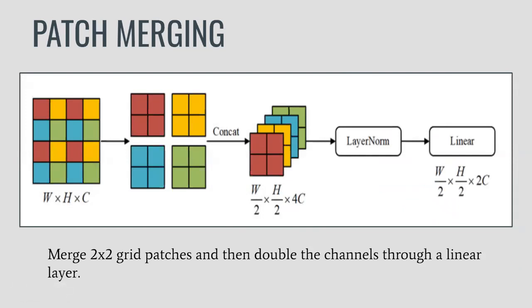The feature dimension of each new patch is now changed to 4c. I think that's clear. The dimension is then reduced to 2c by applying a layer norm to reduce the subsequent computation. In order to reduce the computation, we apply a layer norm and convert this 4c to 2c.